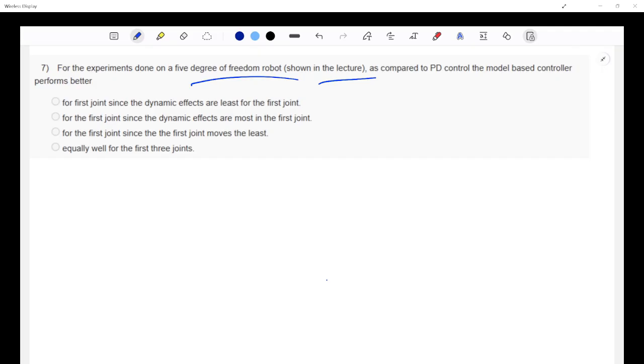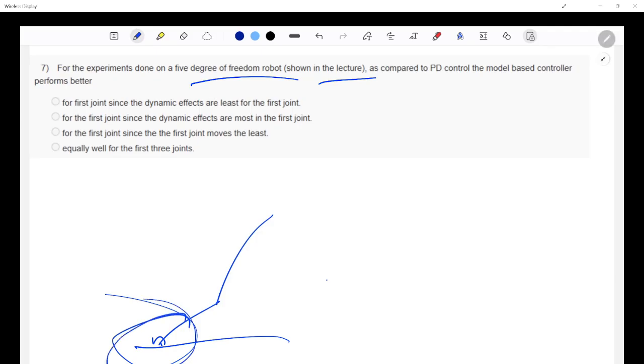So joint 1, which is the base joint, right? Because it carries the entire robot. Joint 1 supports link 1, link 2, all downstream links. So inertia seen by joint 1 is maximum. Apart from this, it also has strong Coriolis and coupling effect. Motion of all the joints affects joint 1.